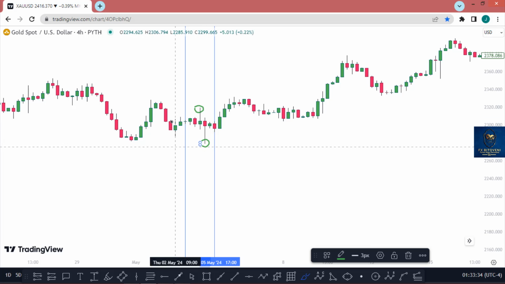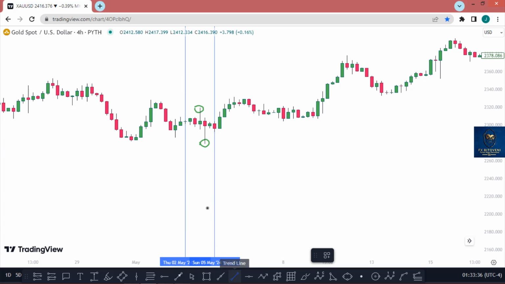What did market use to grab these liquidities? There are some kind of orders here. They pumped their money to grab this doji and this doji here, all of these liquidities.